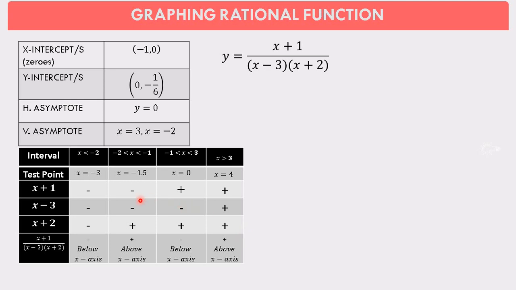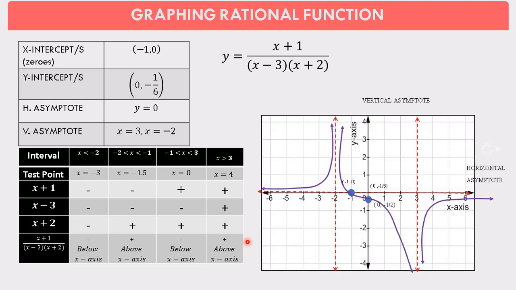Therefore, the region less than negative 2 is negative, so it is below the x-axis. The region between negative 2 and negative 1 is positive, so above the x-axis. The region between negative 1 and 3 is below the x-axis. And the x values above 3 are positive, so above the x-axis.